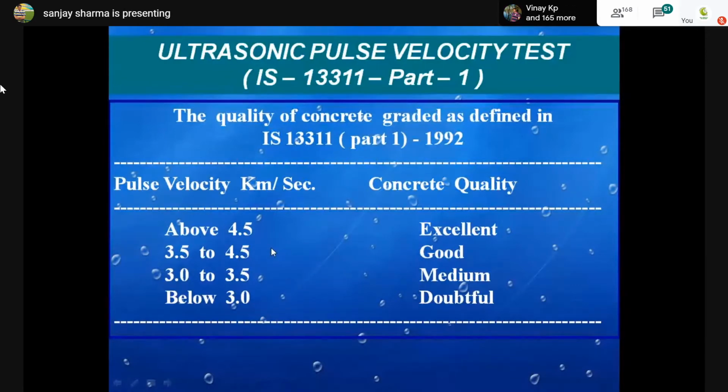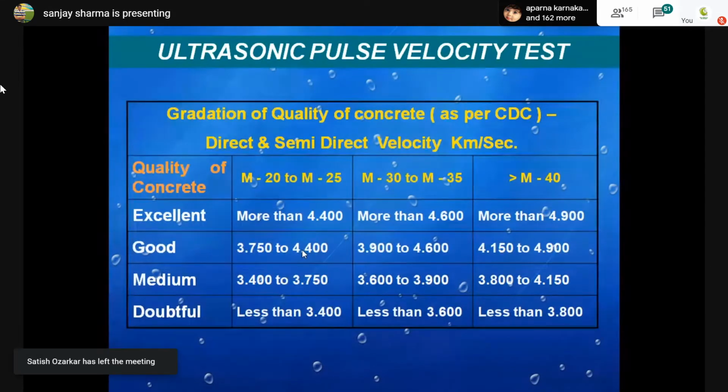The propagation of the waves depends on how closely the coarse aggregates are packed. So this test is very good for detecting honeycombing, cracks, etc., but it is not very applicable for determining strength, which is why we have to go for other types of tests.